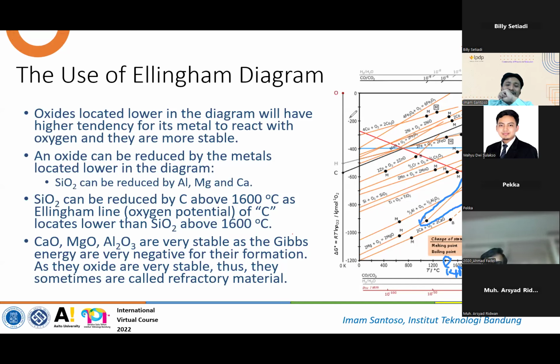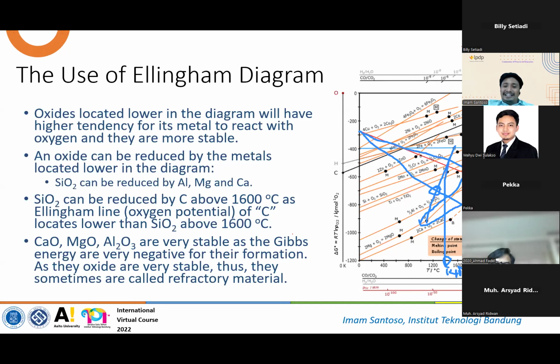You got 150 GoPay, Pak Wahyu. We can, as long as we change the shape of the Ellingham diagram. For example, if we change the slope to become like this, and the MgO becomes like this, so that the intersection is here, then we can do it at 400.